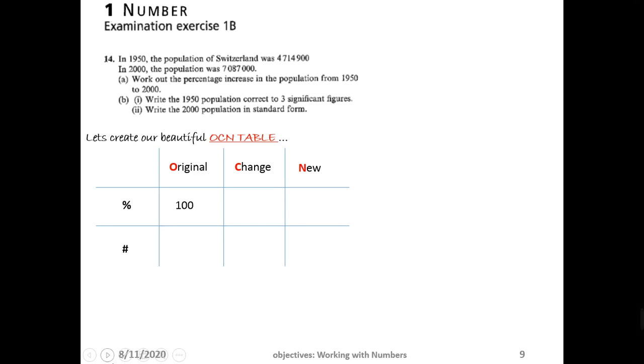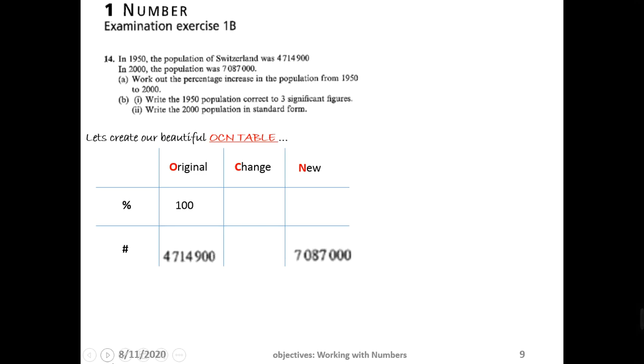Now let's get back to our question. So the 4 million represents the original number of population, and it increased, so the new number of the population is 7 million.